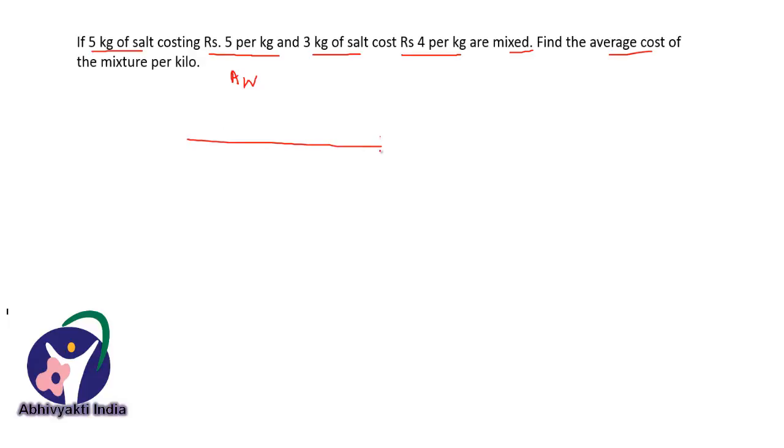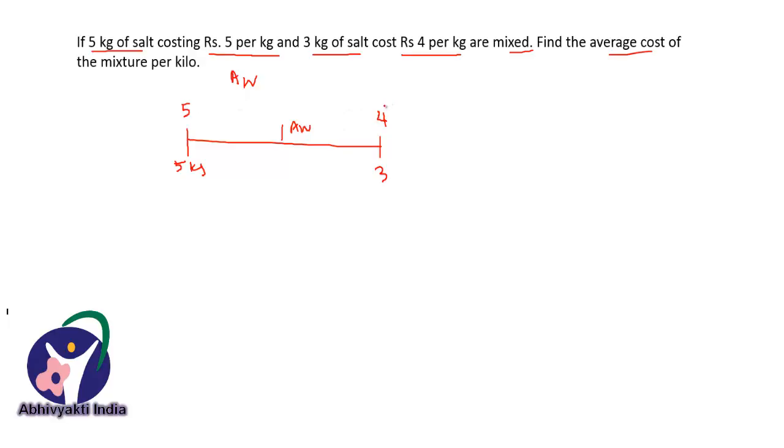Represent the data on a straight line as 5 kg and another is 3 kg are mixed, costing rupees 5 per kg and rupees 4 per kg, and we have to find the average cost.